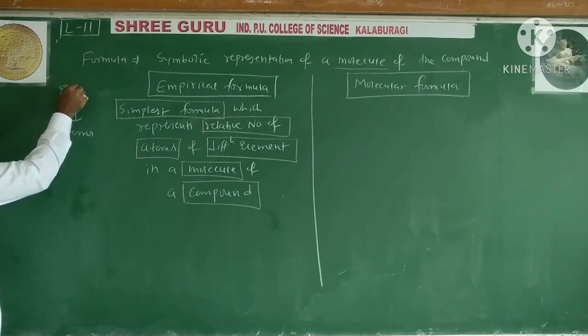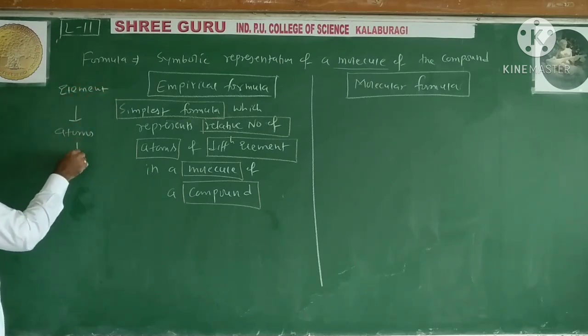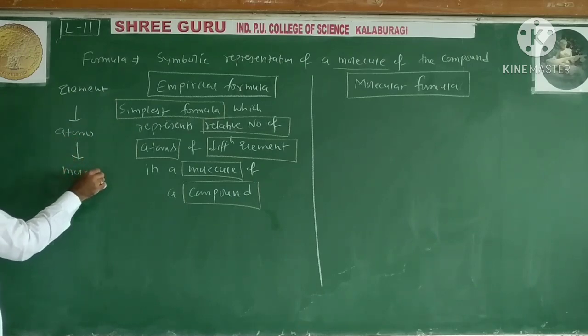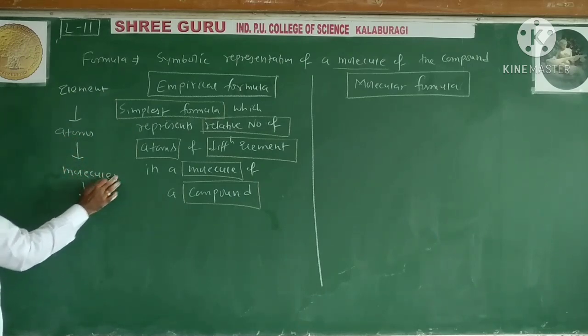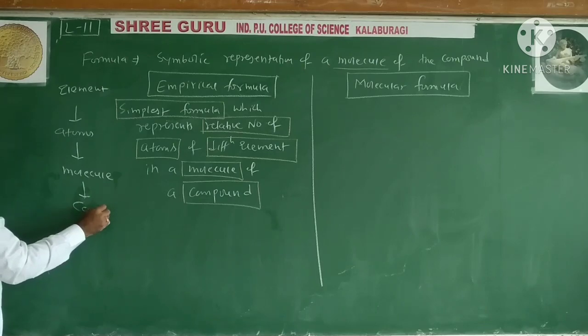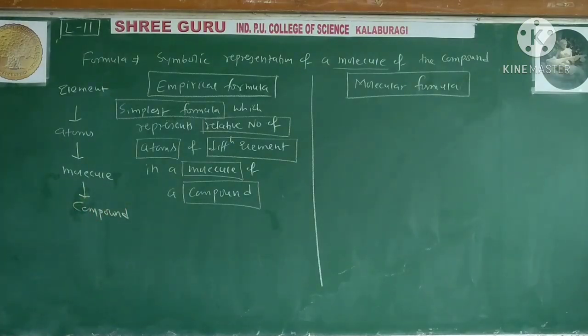This is the way in which we have to represent this. So the simplest formula which indicates the relative number of atoms of different elements present in a molecule of a compound is called the empirical formula.